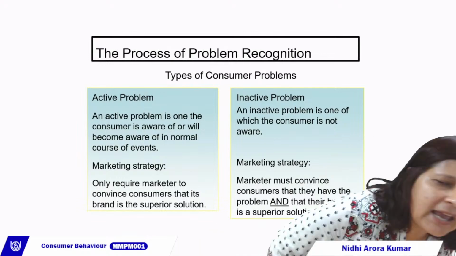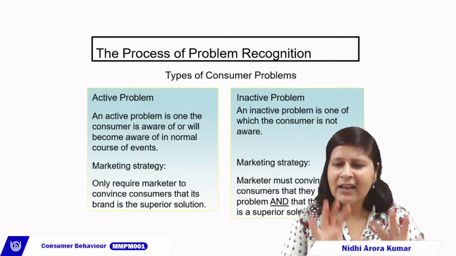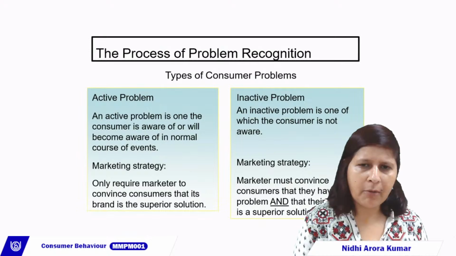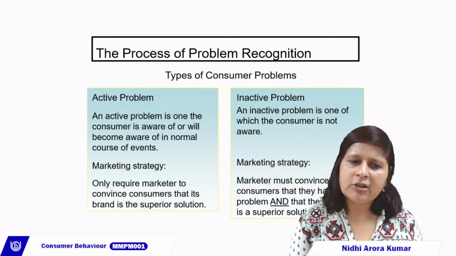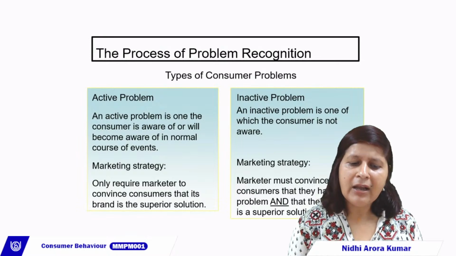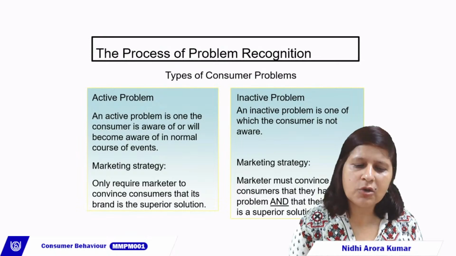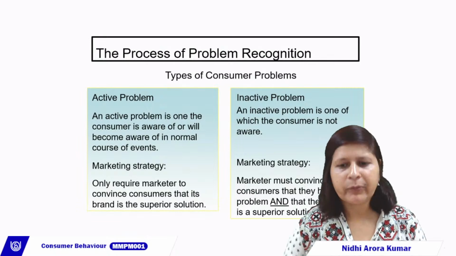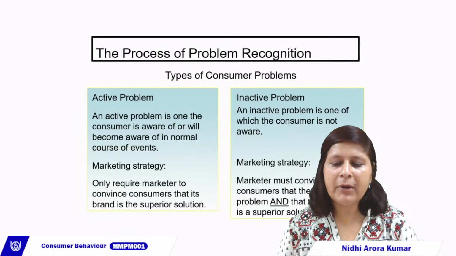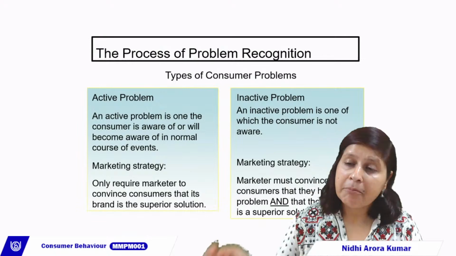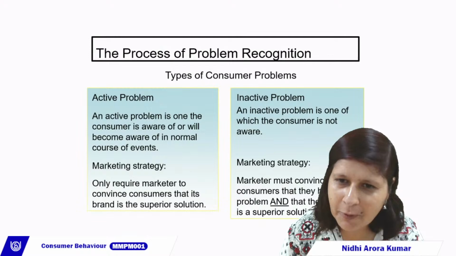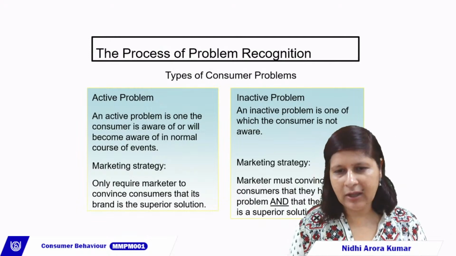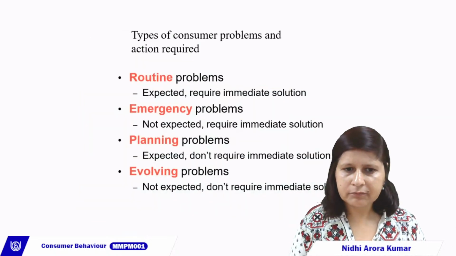If the problem is active, that is, the consumer is aware of the problem or will become aware of it, the marketer just has to convince the consumer that the brand is the superior solution. For an inactive problem, the marketer must convince the consumer that they have the problem, and that their brand could provide a solution.